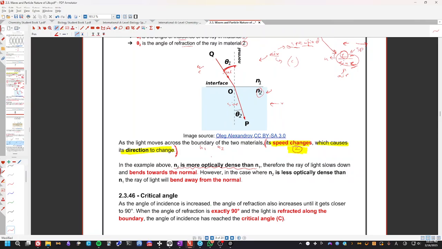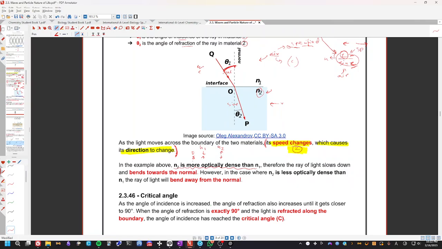So n2 is more dense. So that means the ray of light slows down more. If we talk about the speed of the ray of light, this one will slow down more, and this one will be less slow. This will be the same because this is n1, but it slows down now, and it bends towards the normal.